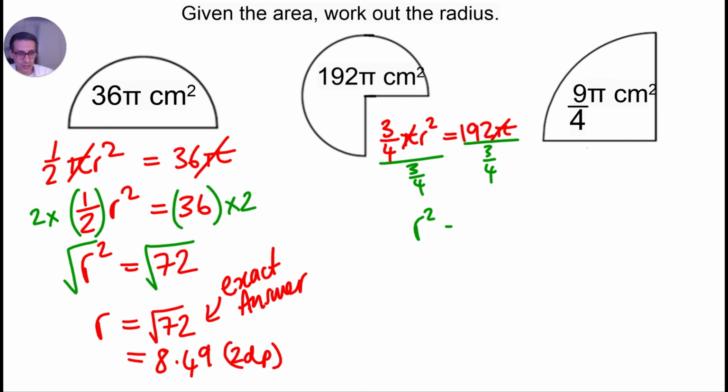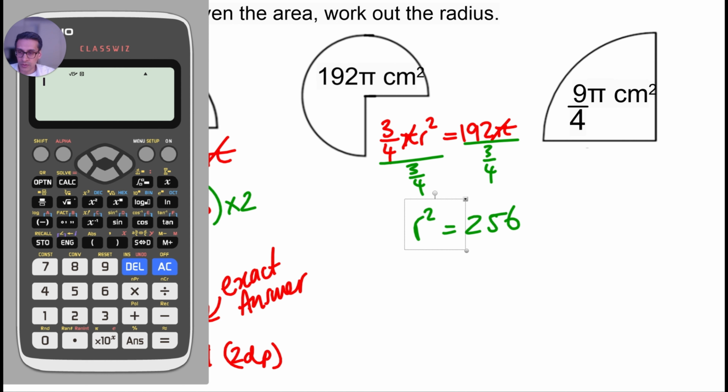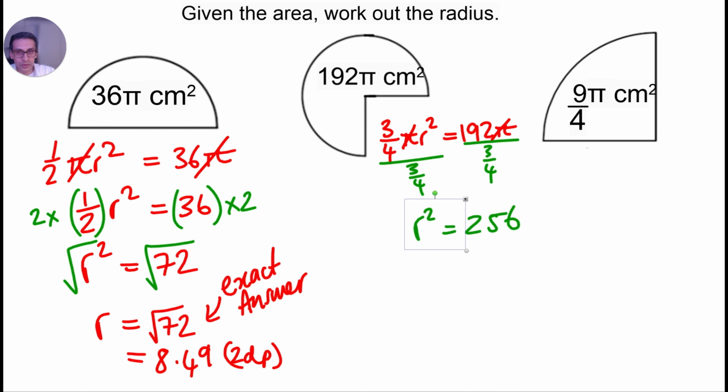So r squared equals 256. We're then going to square root the answer here. So the square root of 256 gives you 16. So when you square root both sides, the radius equals 16 centimeters.